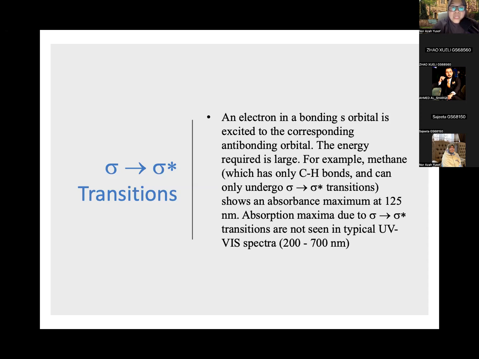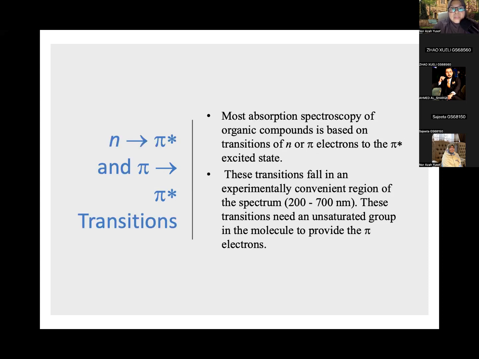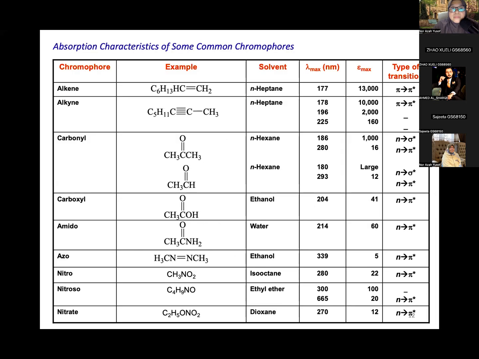Transition means that the electron can jump from the sigma orbital to the sigma star orbital. Sigma is the bonding orbital, sigma star is anti-bonding. And this is the one that requires a lot of energy, which is unlikely to happen. This also requires high energy, whereas this one is quite common, the one that usually happens.